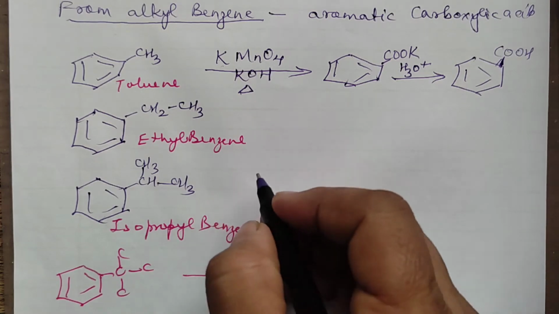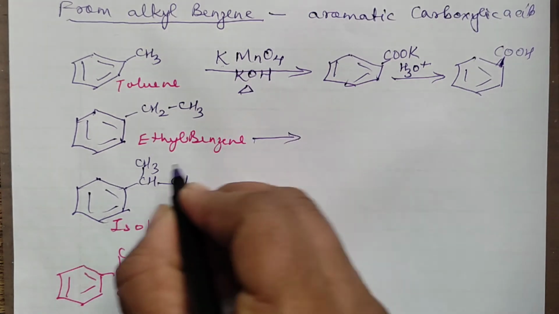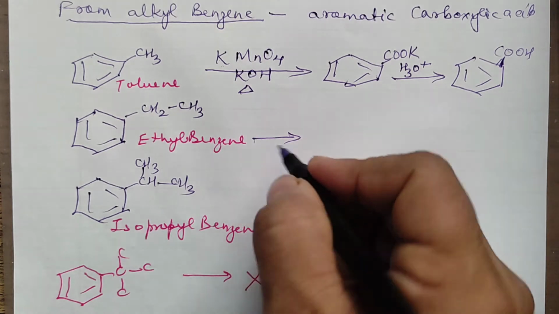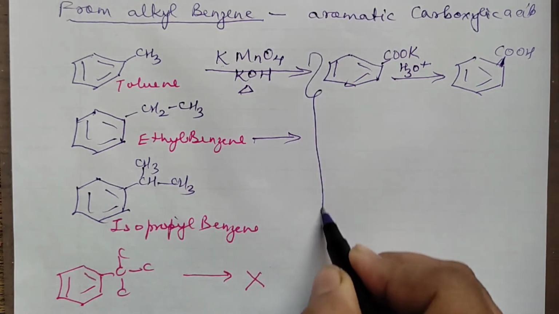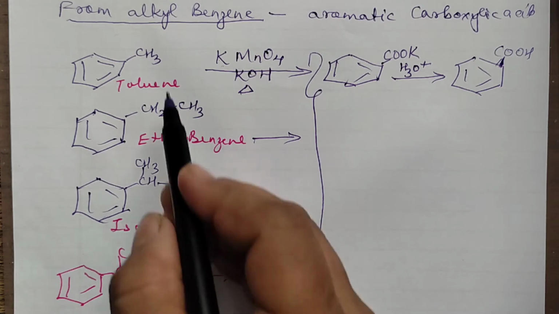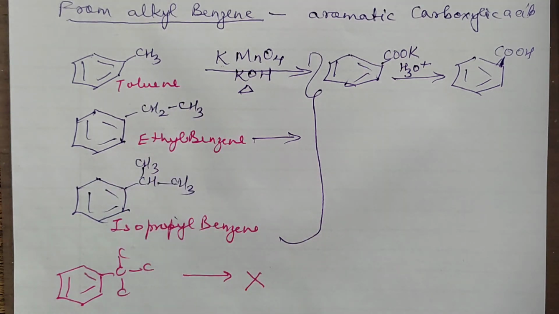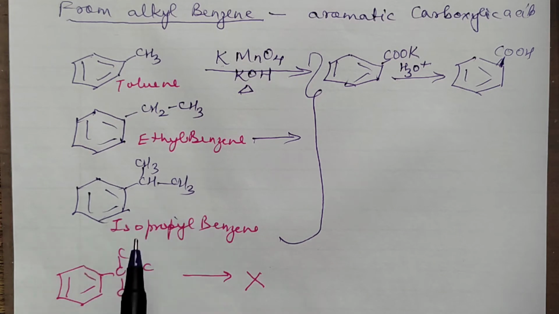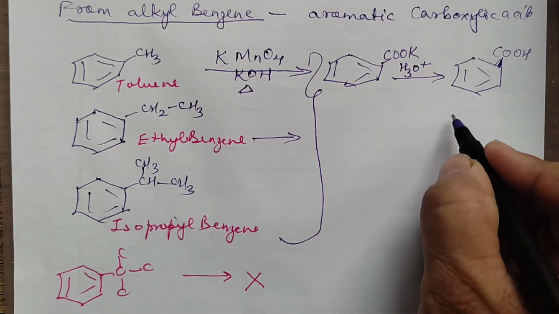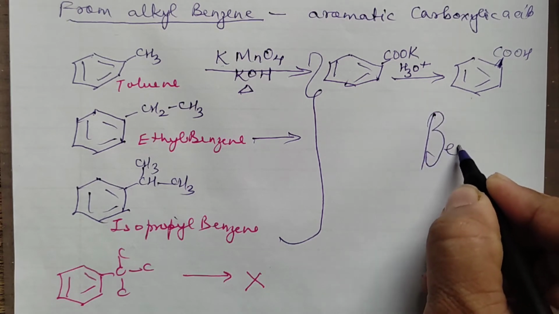Now, in case you are using alkyl, this ethyl, or isopropyl, irrespective of the number of the carbon atoms which you take as alkyl, whether methyl or ethyl or isopropyl, in all the cases you are getting benzoic acid.